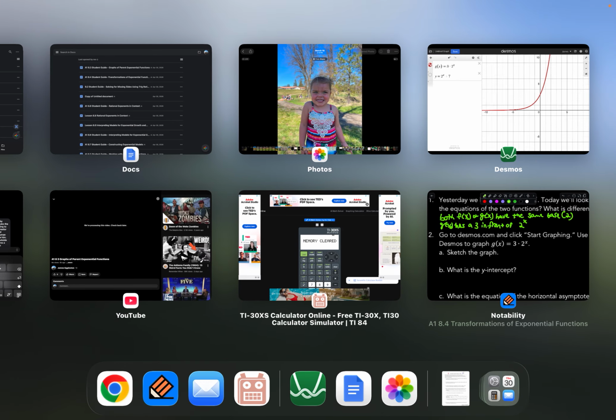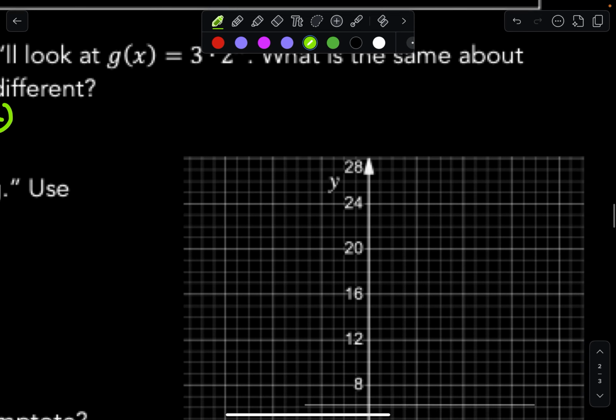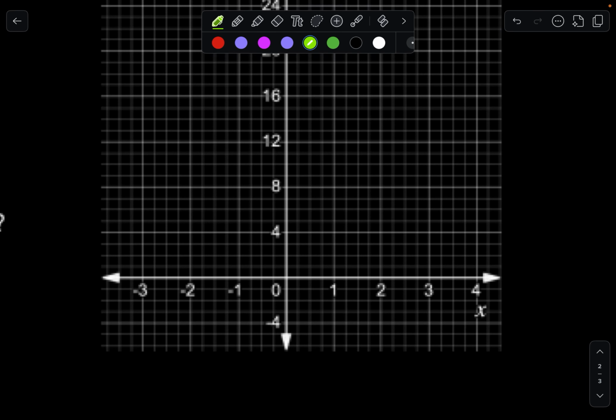So let's graph this here. Instead of (0, 1), it's (0, 3). When we go over 1, it'll be 3 times 2 to the first, which is 6.